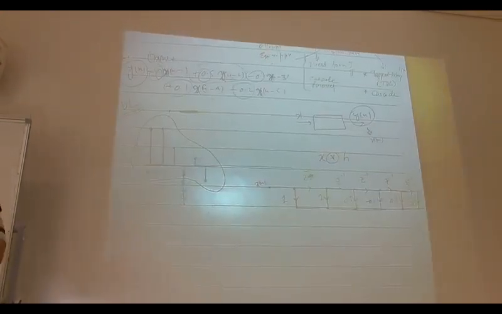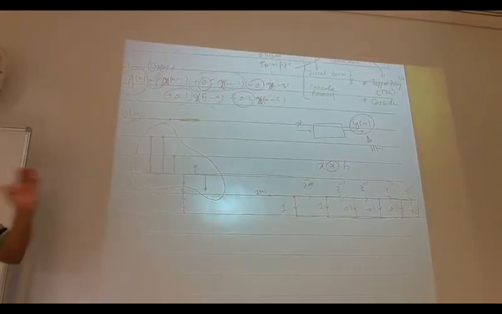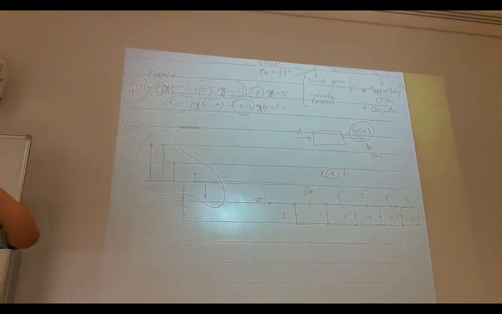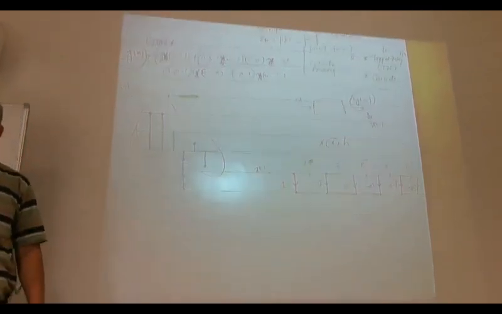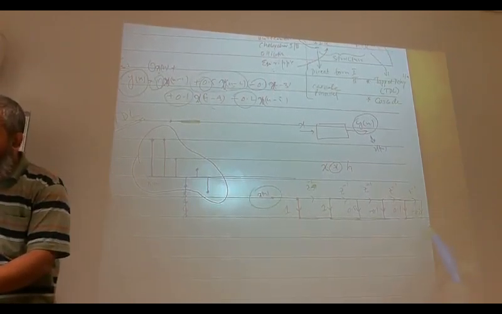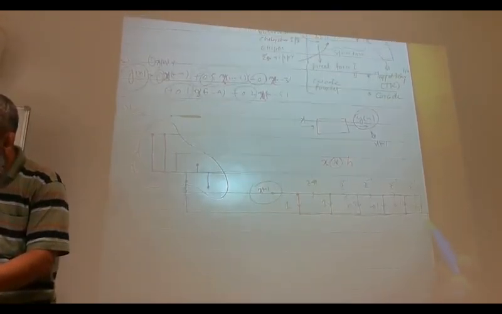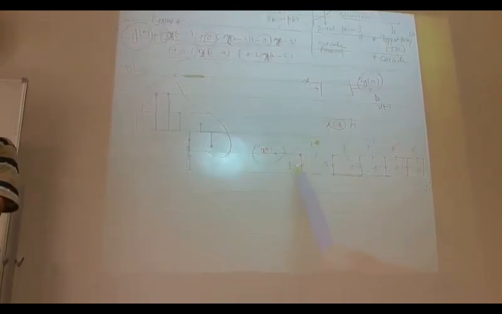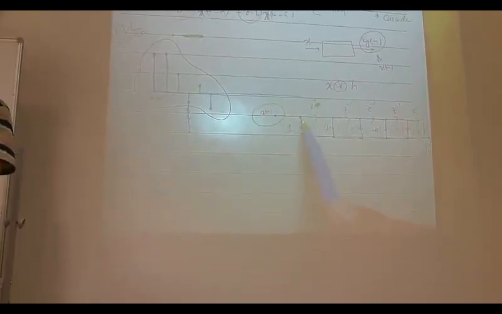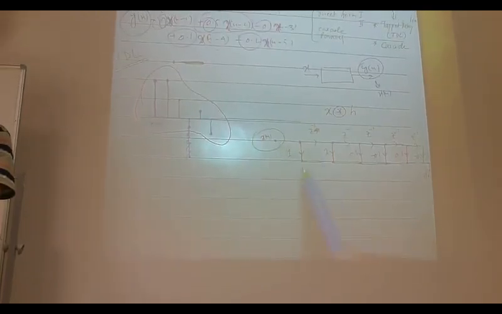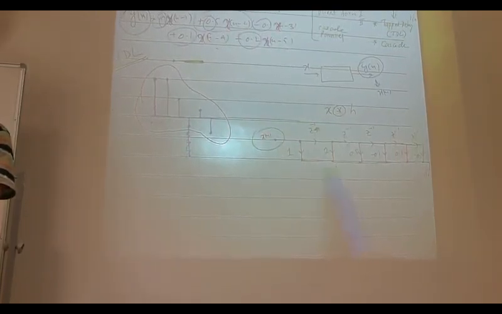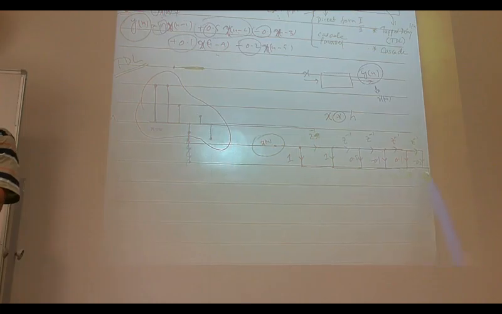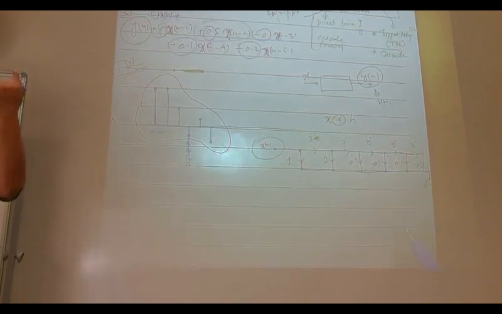So remember the window, these are the steps. If you have difficulty remembering it, just remember that for each term you start with x of n, and the ending result here is your output. First sample comes in, you perform this multiplication, then all the way to the output. That's for only the first sample.